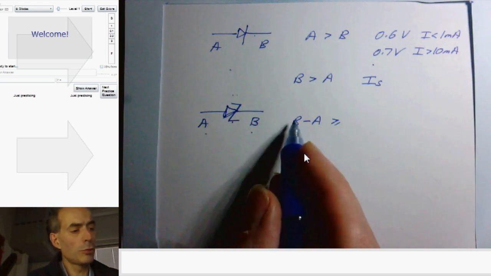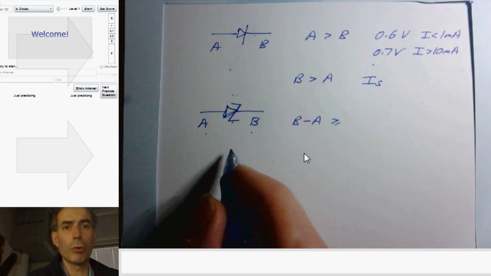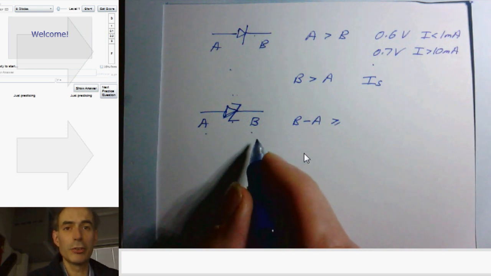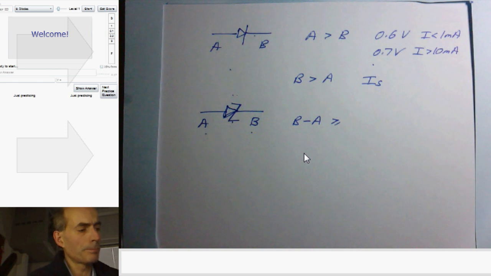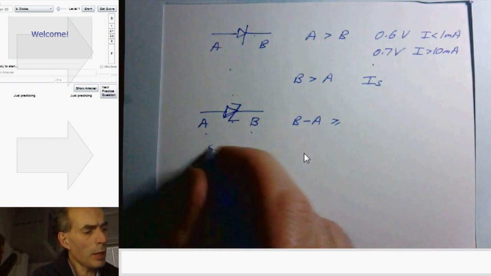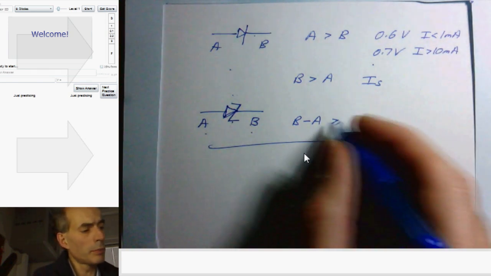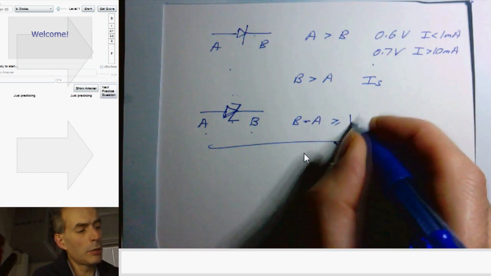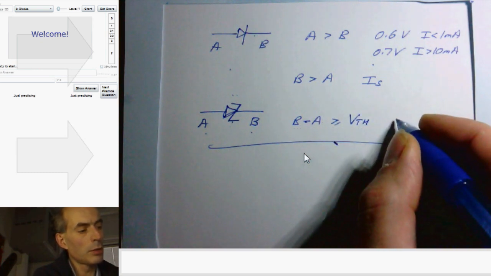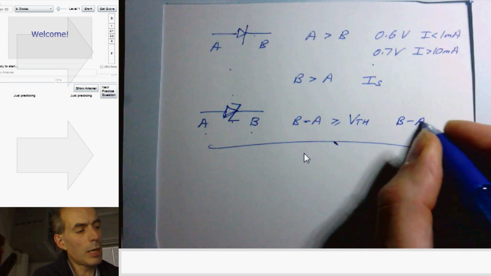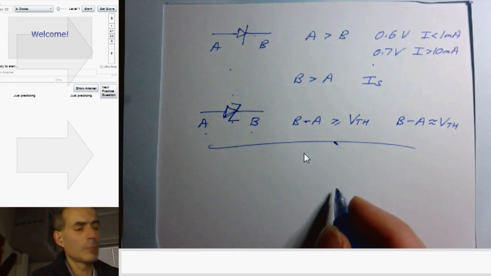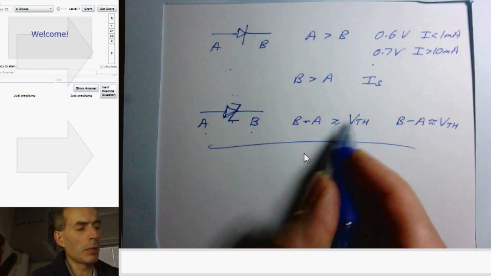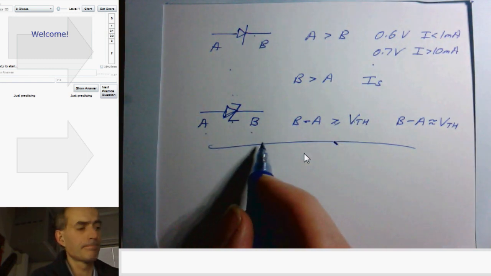At levels 2 and 3, and certainly at level 4, that assumption is no longer accurate enough, and you'll have to do a bit more of a calculation about it. However, that should be enough for level 1. If B minus A is greater than the threshold voltage, then B minus A is approximately equal to the threshold voltage. In other words, B minus A cannot be bigger than the threshold voltage.